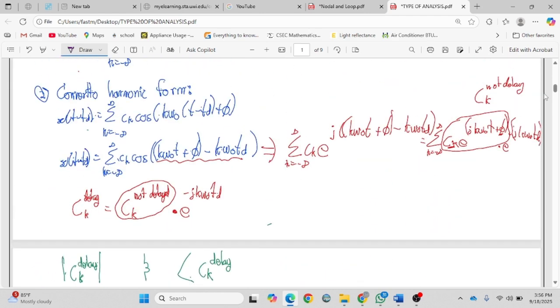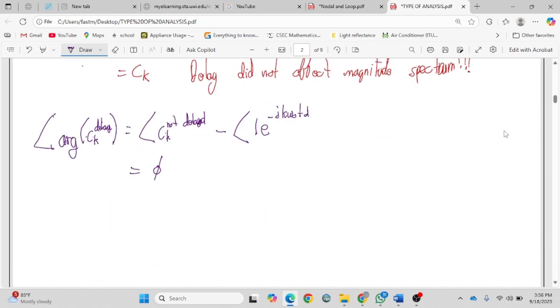Because that's what we had on top here for the phase. And this is basically just a constant, so it would just end up being minus k omega naught td. That is on top here, right? This is our phase components.